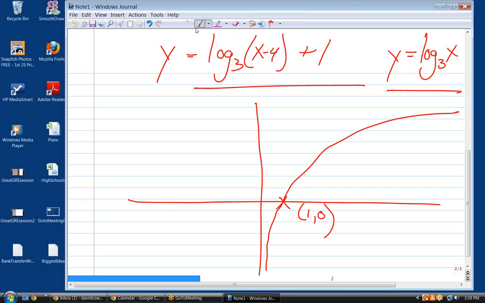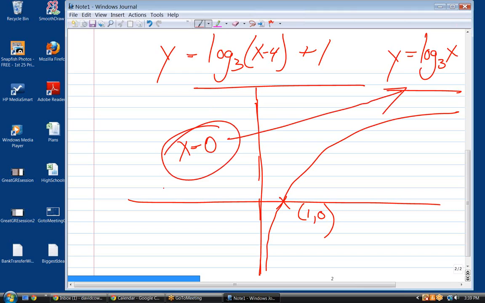Correct. Now this is where you want to move your asymptote, because right now I have an asymptote of x equals 0 on my elementary function. Well, if I'm going to shift 4 to the right, I'm going to move my vertical asymptote 4 to the right. So my vertical asymptote goes to there.